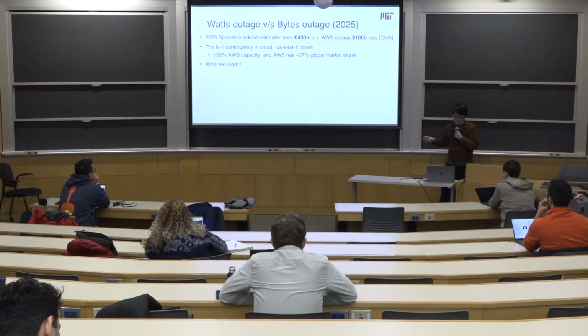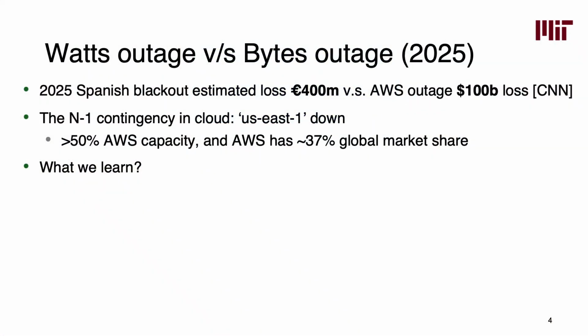So, exactly last year, there were two events that attracted a lot of attention. One was the Spanish blackout, around April, I think. That blackout was pretty horrible.